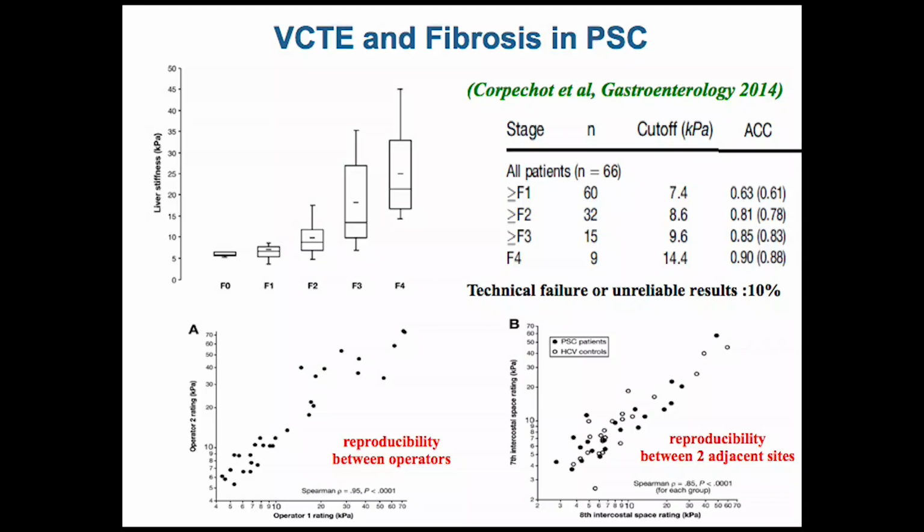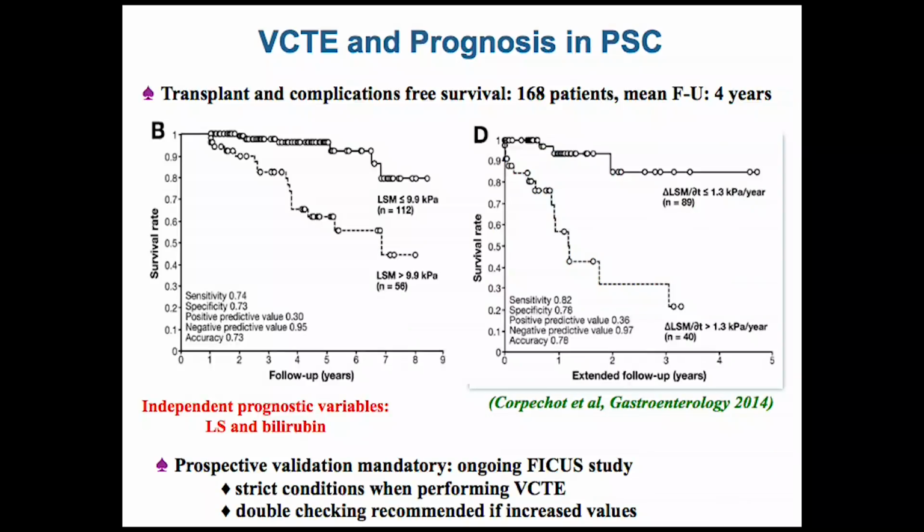So what are the results of FibroScan in PSC? As expected, we found a good correlation between liver stiffness and histological fibrosis stage. And as shown in this table, a good diagnostic accuracy for F3, that means extensive fibrosis, with a cutoff around 10 kilopascal, and F4, that means cirrhosis, with a cutoff around 15.